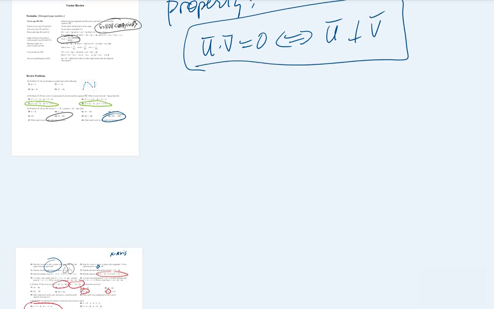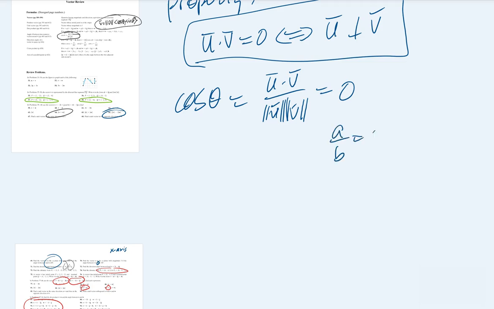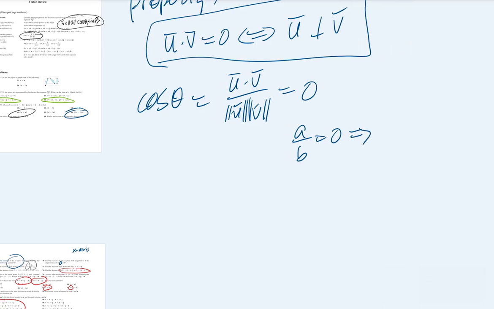The reason why is because if you look at the formula, cosine of theta is u dot v over the length of u times the length of v. If this is equal to 0, then only the numerator is 0. If you have a fraction equal to 0, this implies that only the numerator is 0.